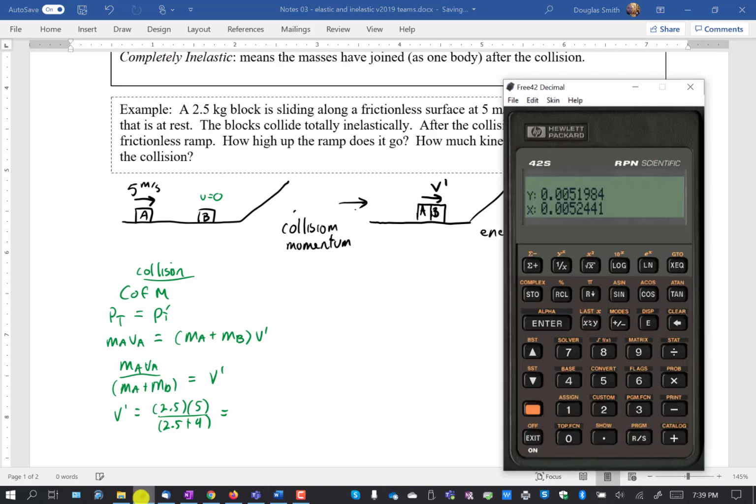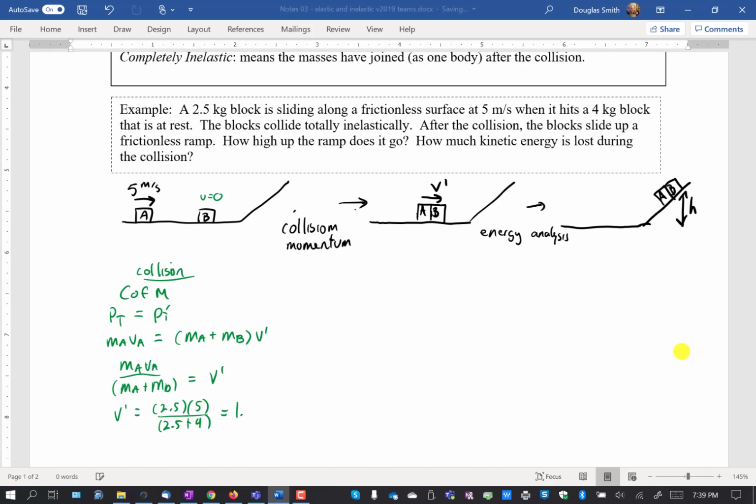Let's put that in my calculator: 2.5 times 5 and then 6.5. So I get 1.923 meters per second. So I now know how fast this thing is traveling after the collision.